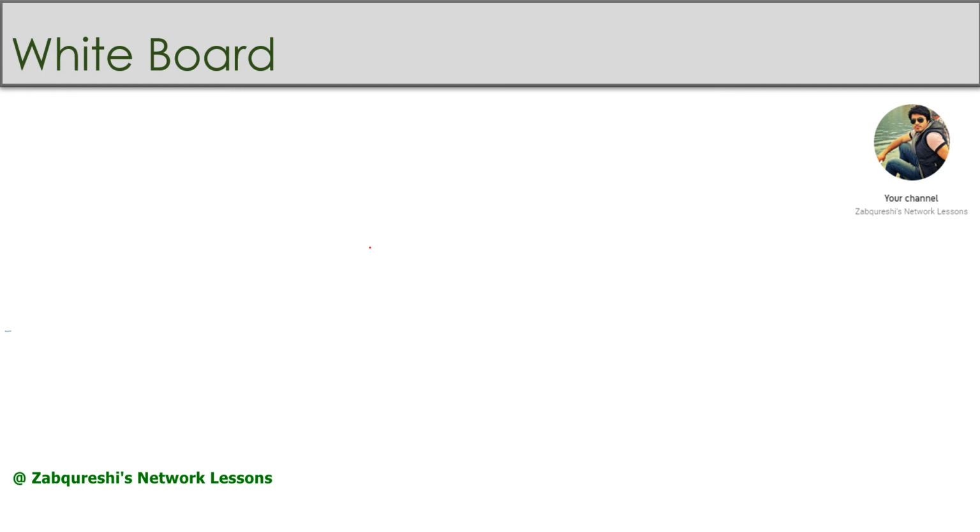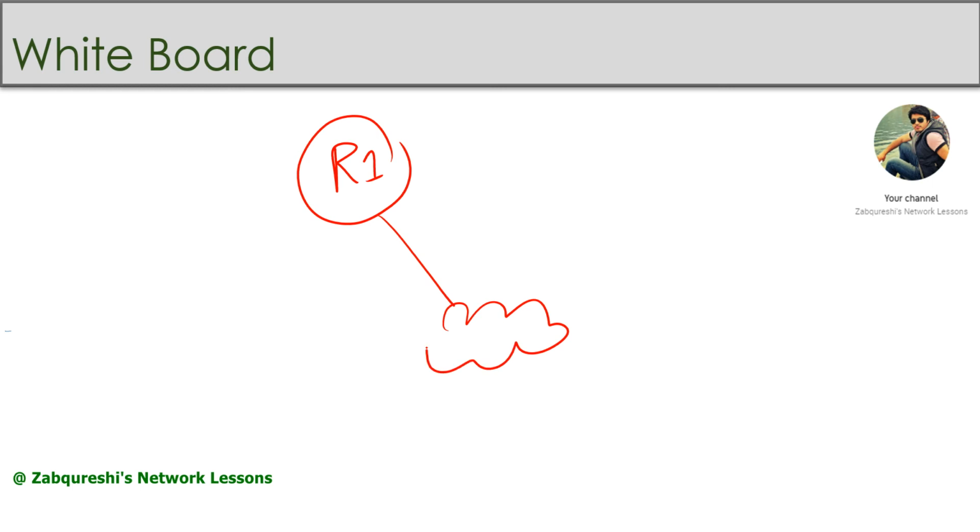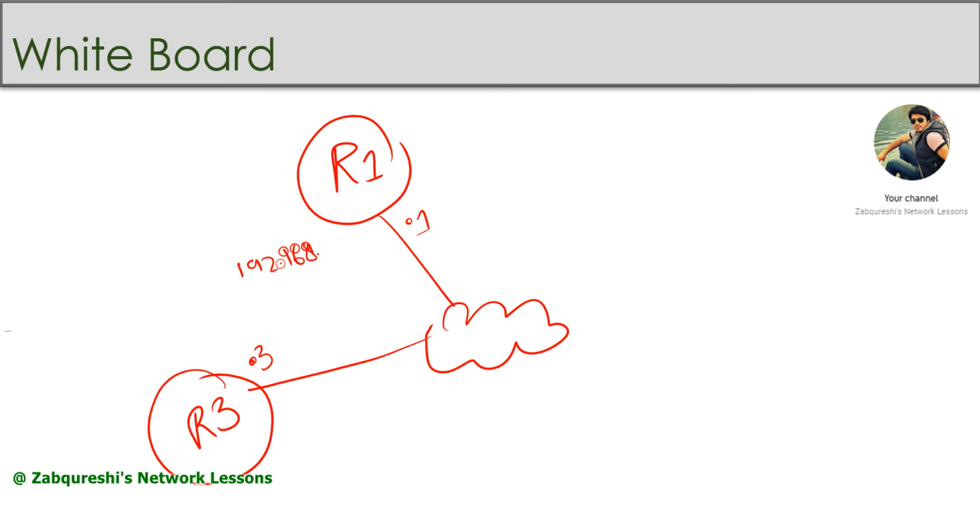Okay, so what's happening is I have my R1, right? This is my R1. Okay, and it's connected to the internet, and from the internet I have R3 also. And the tunnel IP address is .3 here and .1 here from the 192.168.1.0 range, right? So this is the tunnel.